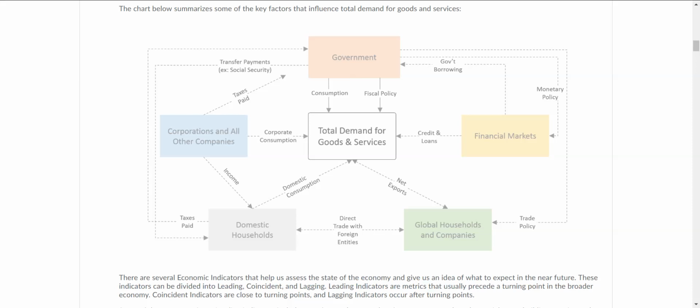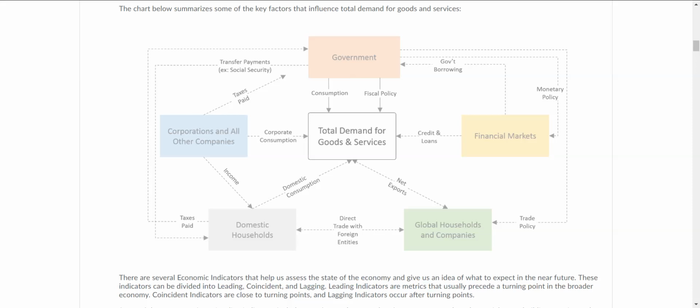But financial markets depend on monetary policy, which is set by the government. If interest rates are rising, then that is going to make it more difficult to get access to credit or loans, which potentially decreases total demand for goods and services.